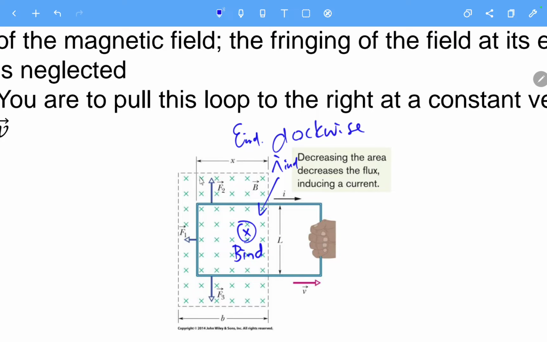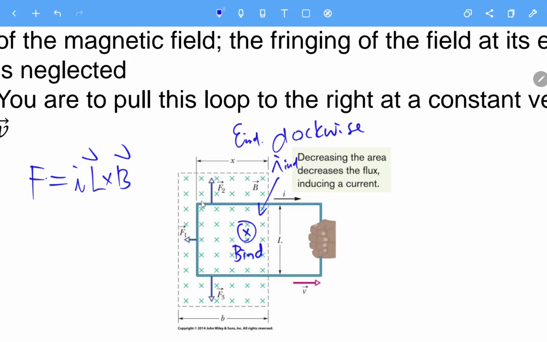Okay, so as we have current and also magnetic field, there will be force acting on this wire due to the Lorentz force, or the second version of the Lorentz force, which is I times L cross B, in chapter 28.